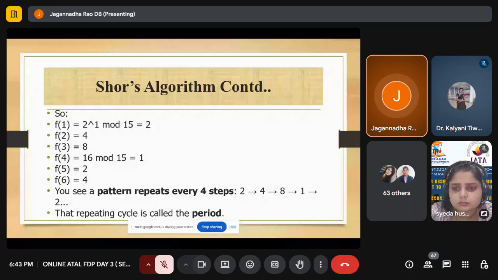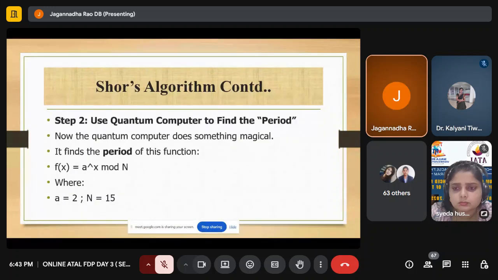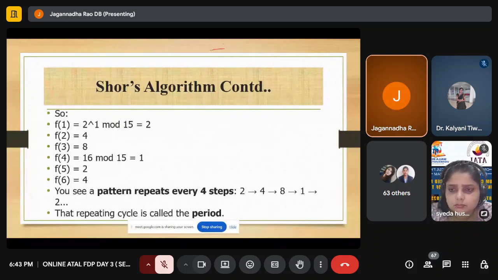What is f of 1 here? f of x equals a power x mod n, and I am taking x as 1. F of 1 is equal to 2 power 1 mod 15.